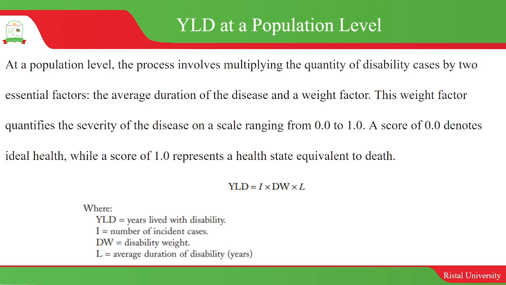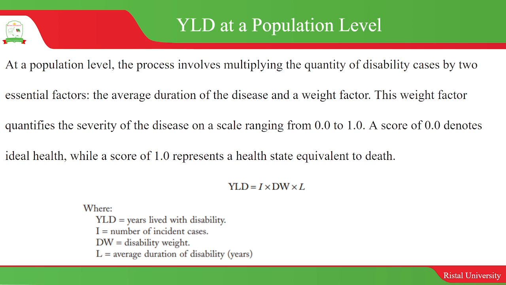Diseases vary in terms of severity. How different people experience severity of a particular condition actually differs. So we have a scale that ranges from 0.0 to 1. These conditions are weighted.